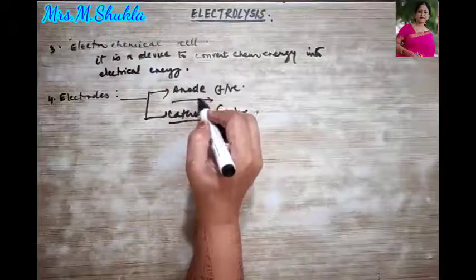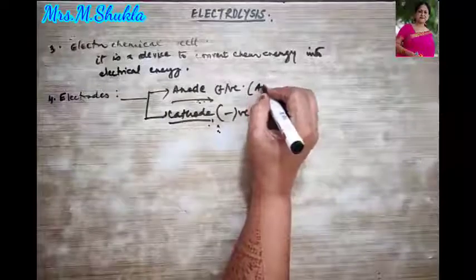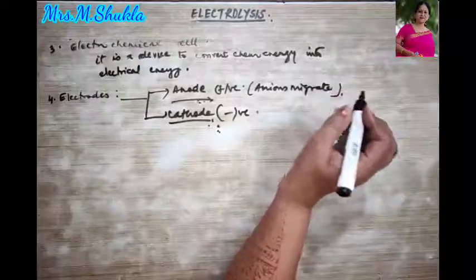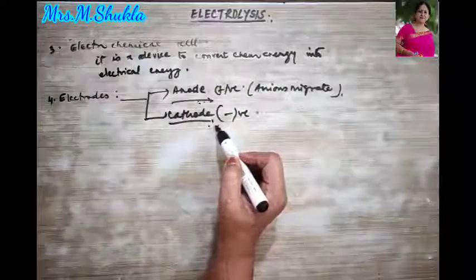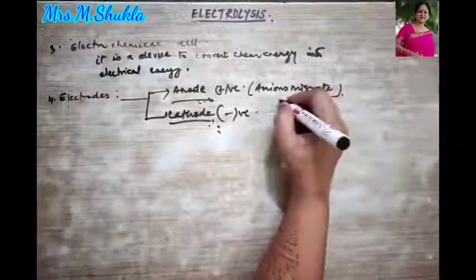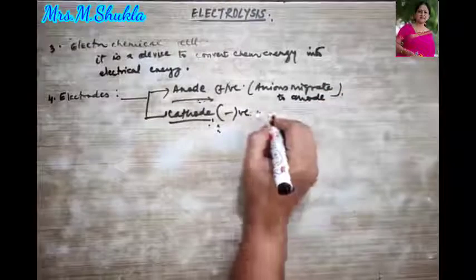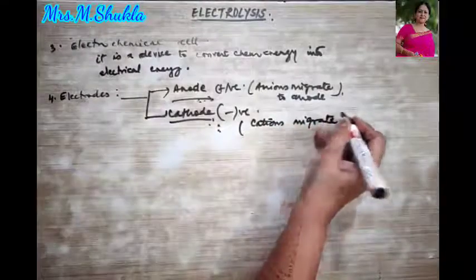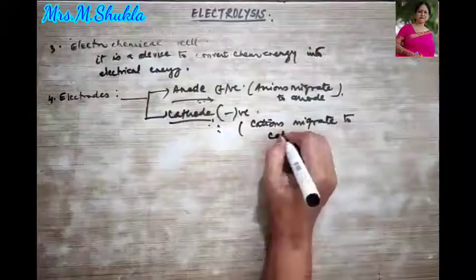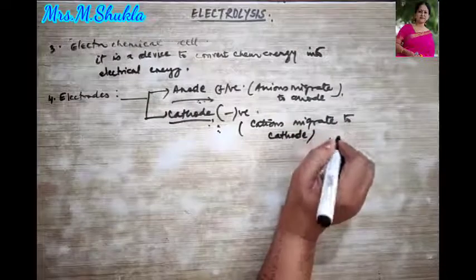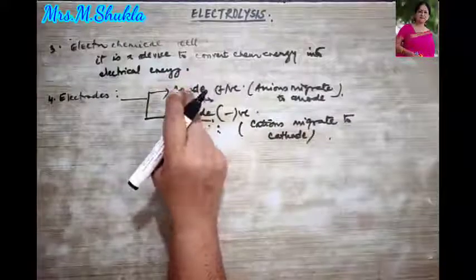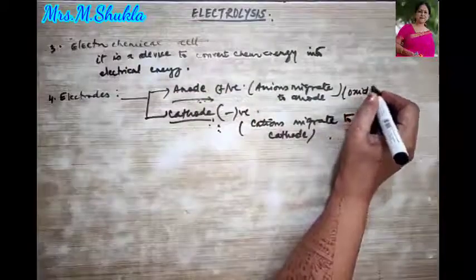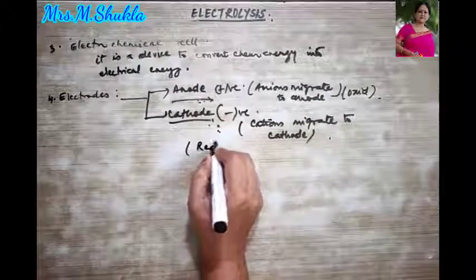At the anode, anions migrate, and cations migrate to the cathode. Anode is the oxidizing electrode, so oxidation takes place over here, and over here reduction takes place.